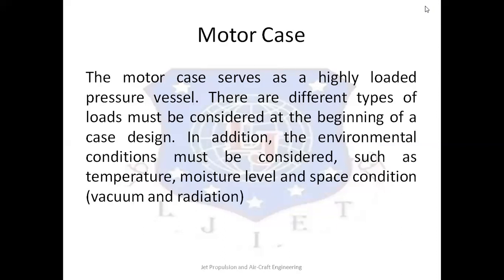conditions as well, such as temperature, moisture level that leads to corrosion, and space conditions such as vacuum and radiation.